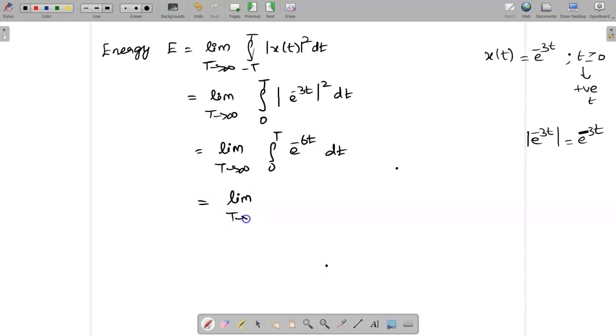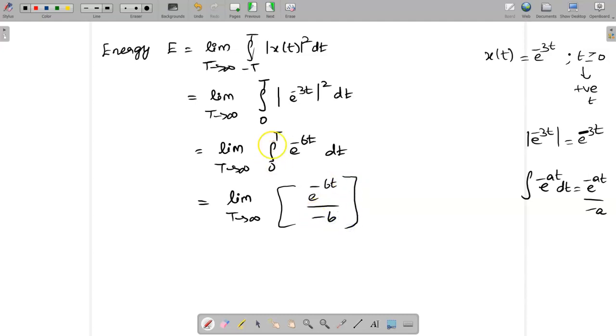Integration of e power minus at dt is e power minus at by minus a. So I have e power minus 6t by minus 6, instead of a I have 6. And I have to substitute the limits. Lower limit is 0, upper limit is capital T.